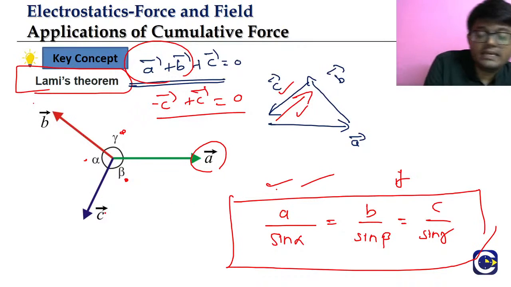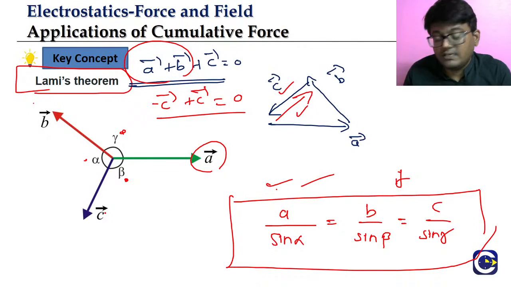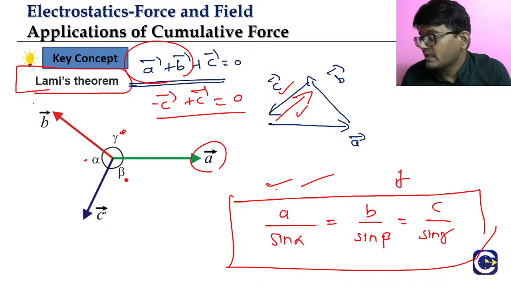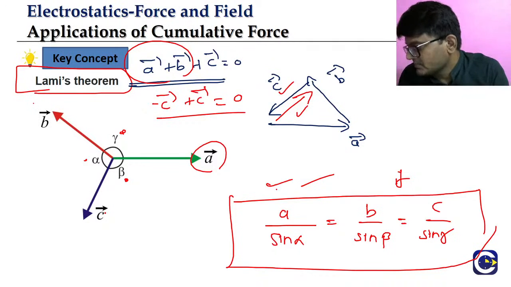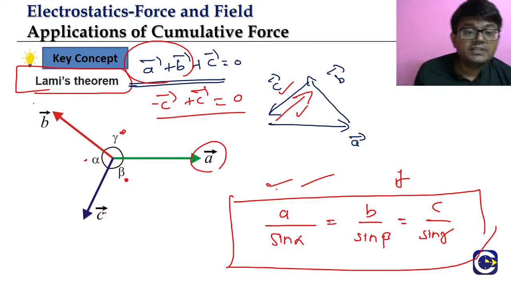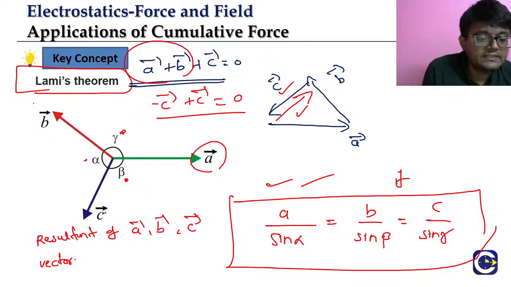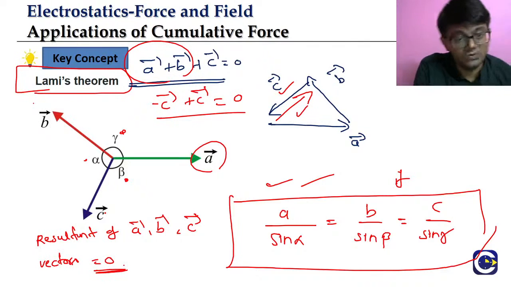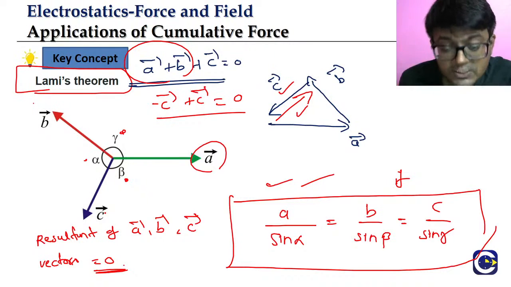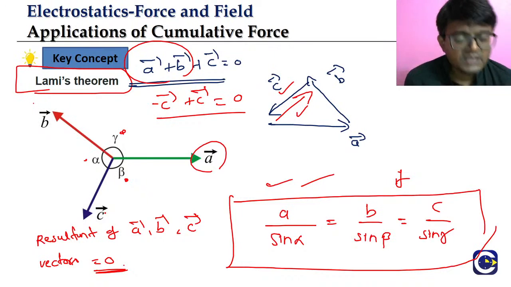If a by sin alpha is equal to b by sin beta is equal to c by sin gamma, if that condition is satisfied, then the resultant of the vectors a, b, c is going to be 0. If I take the resultant of the three vectors, it is going to be 0. Okay? So this is the concept of Lami's theorem.